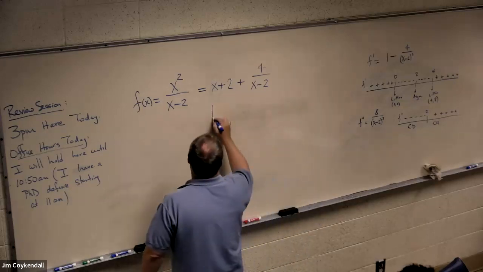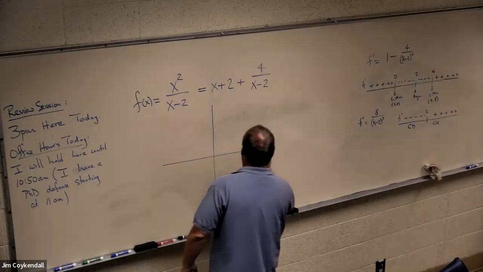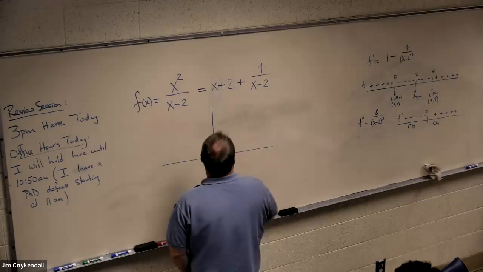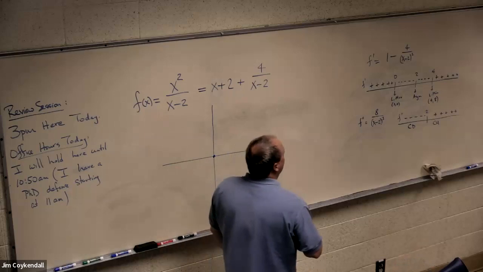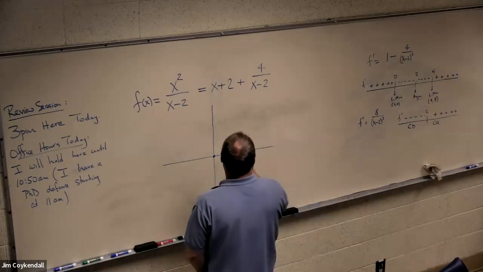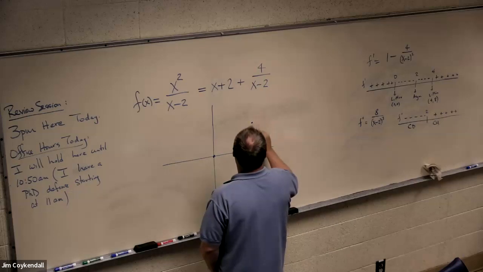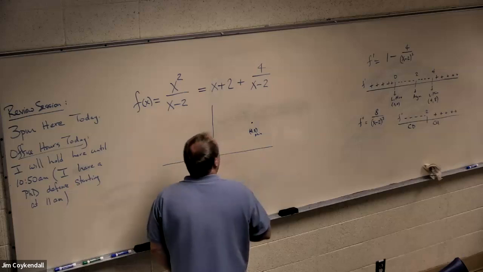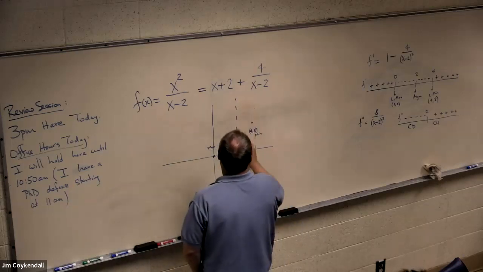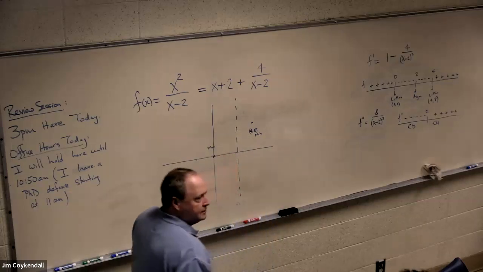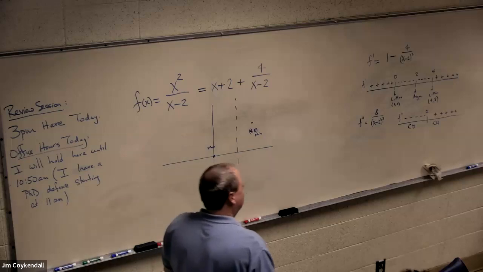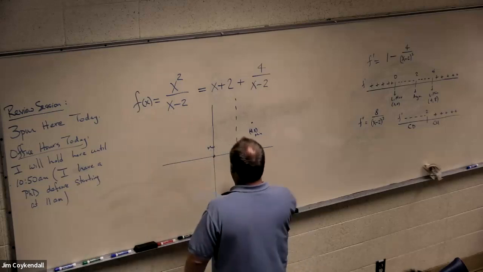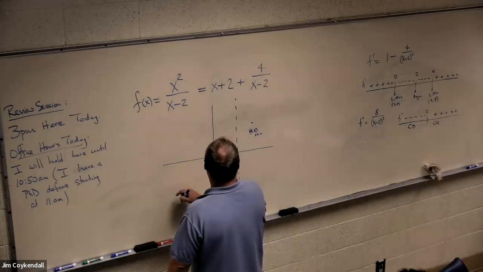Well, let's see, I've got this local max at 0, 0. I've got a local min at 4, 8. I'm not going to take very careful scale on this. And I think I've got an asymptote here sort of halfway in. And just for giggles, I'm going to put the line y equals x plus 2.